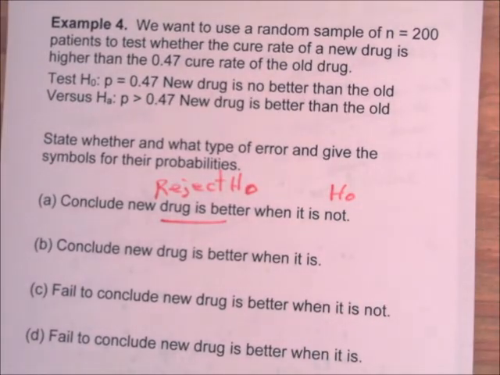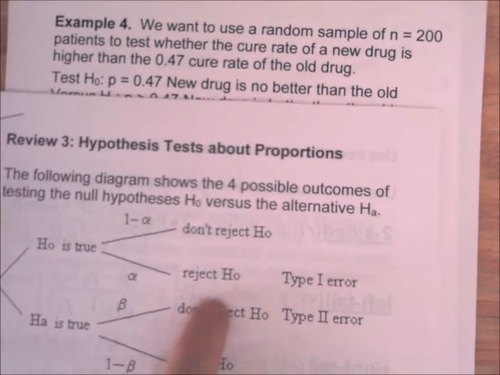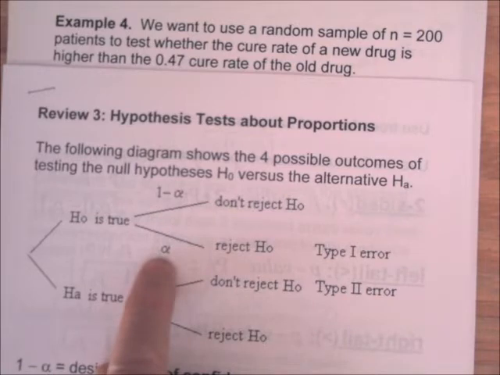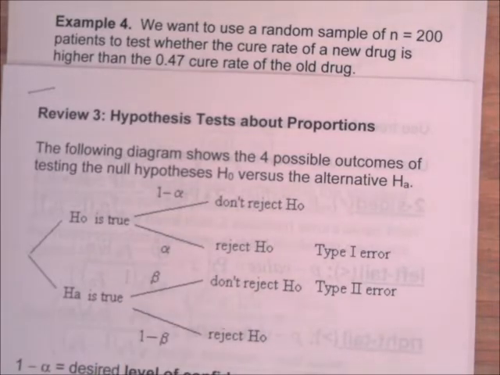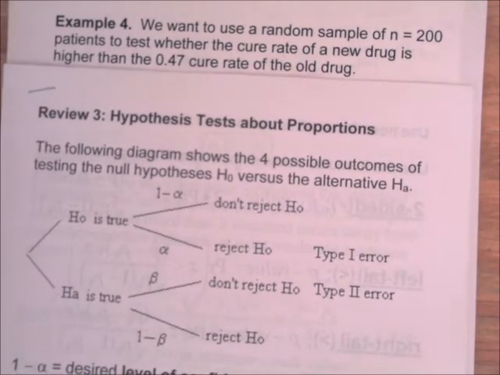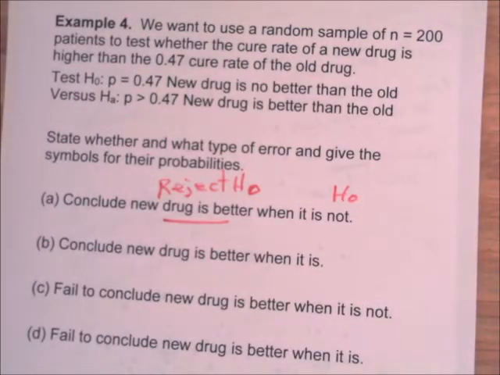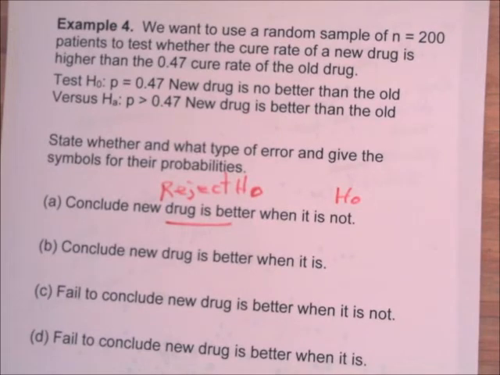So if we reject H naught when H naught is true, that is a type 1 error. Its probability is alpha. That's called the level of significance. I like to call it the level of doubt. Anyway, that's the answer to part A.